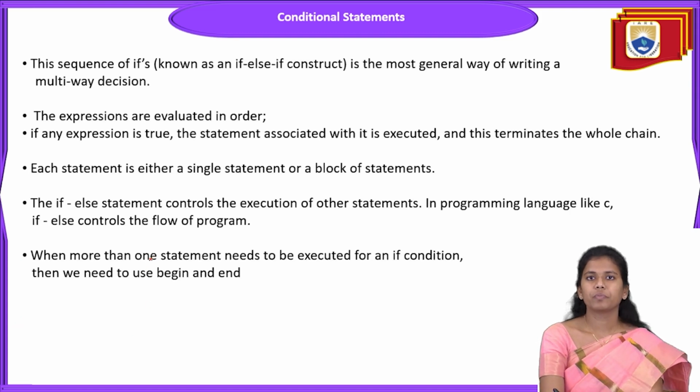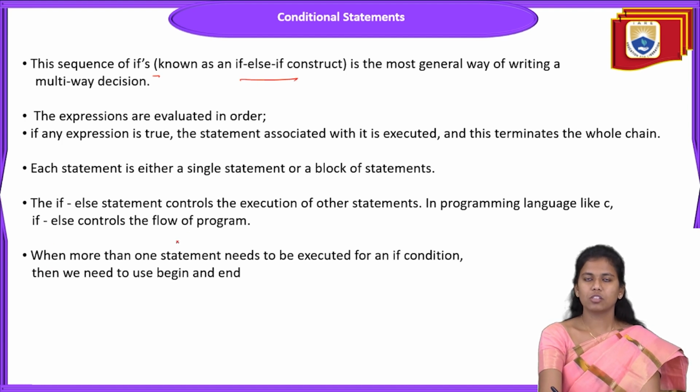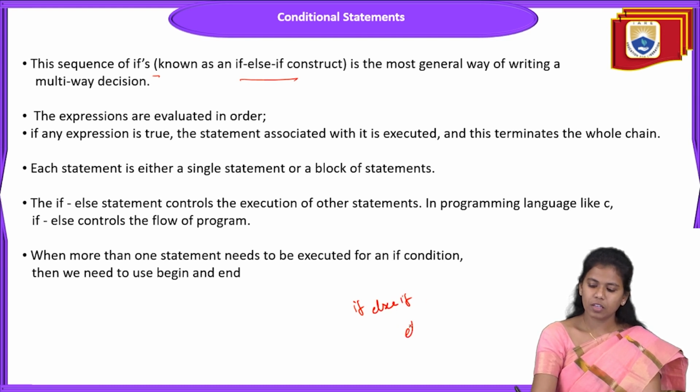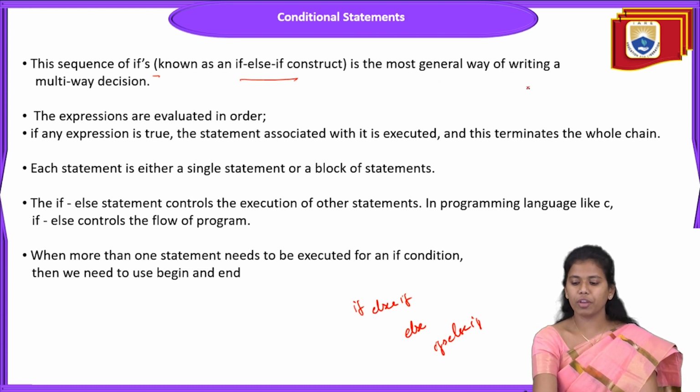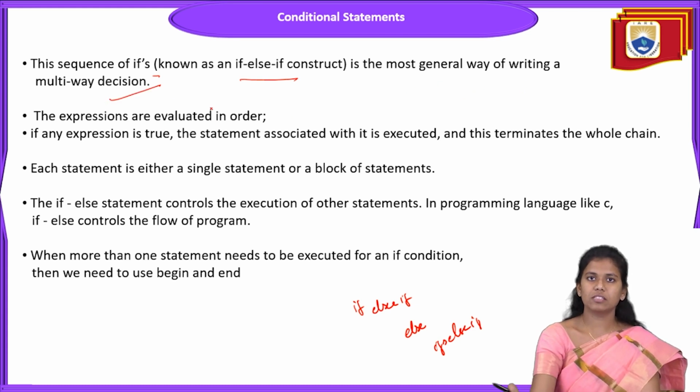So here the sequence of ifs is known as the if else if construct. If you see the sequence of if, else if, else if, like that, it is the most general way of writing a multi-way decision.